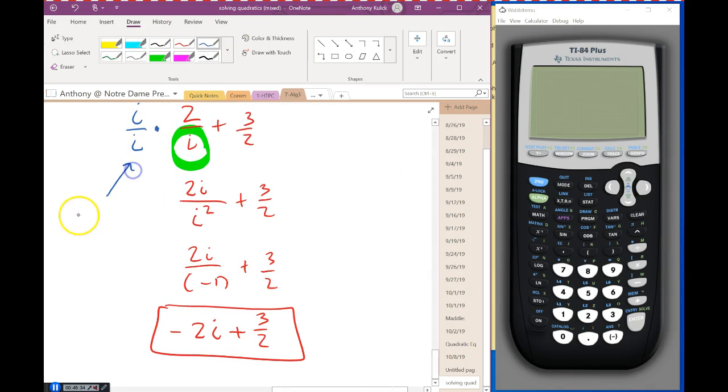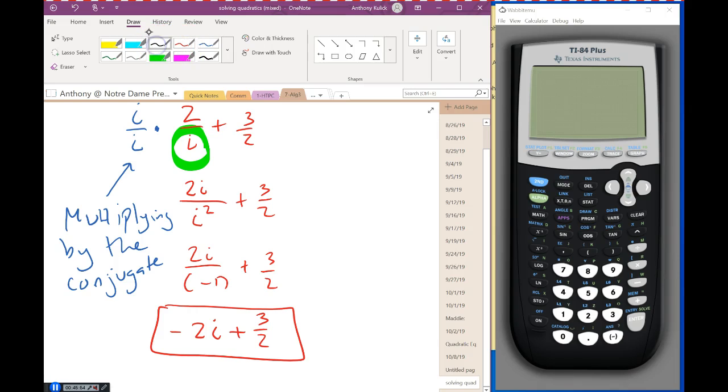This piece right here has a special name. We say that that's multiplying by a conjugate when we do that to get the i out from the denominator.